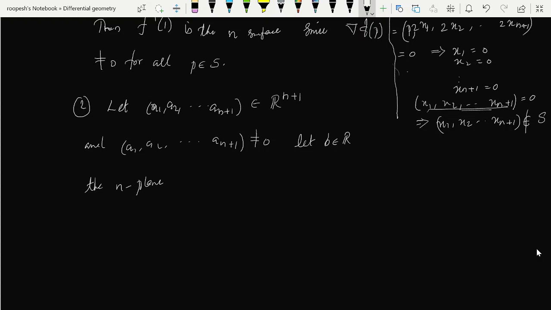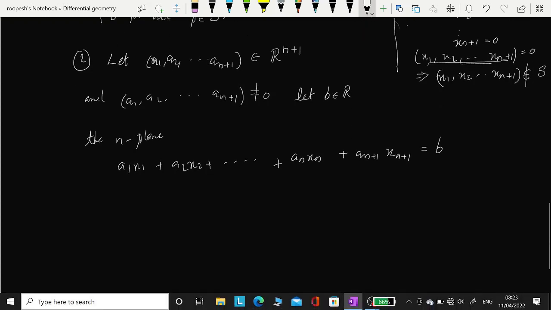we can define that as a1 x1 plus a2 x2 plus and so on plus a_n x_n plus a_{n+1} x_{n+1} equal to b. This is a level set, right?